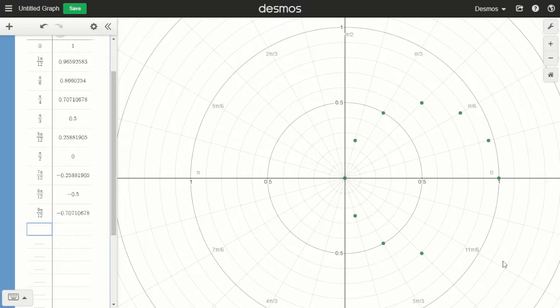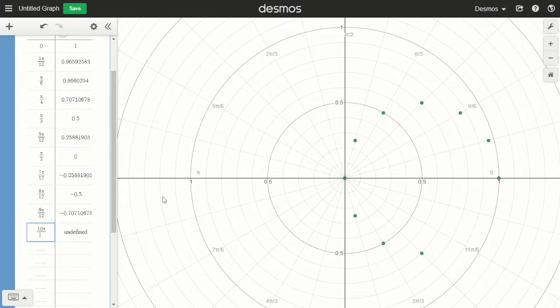So the next one on my table is 10 pi over 12, and 10 pi over 12 is the same as 5 pi over 6.